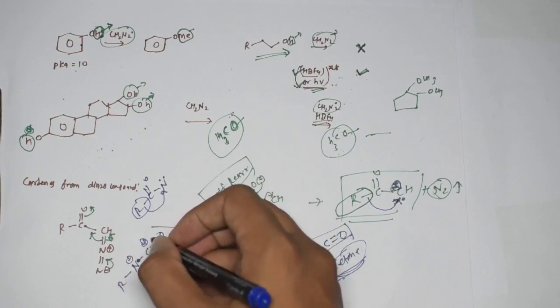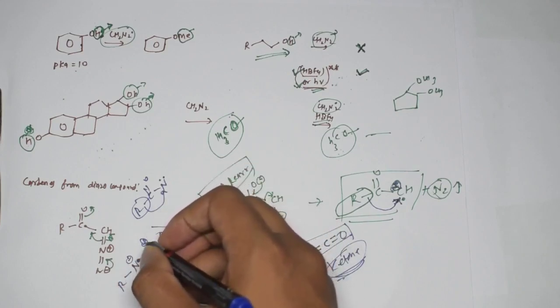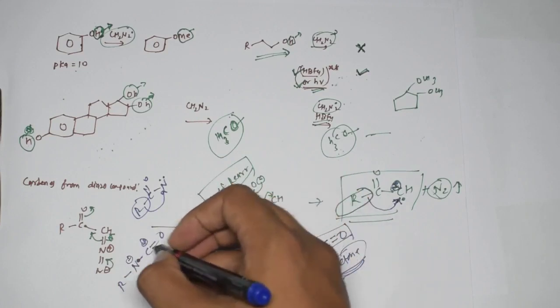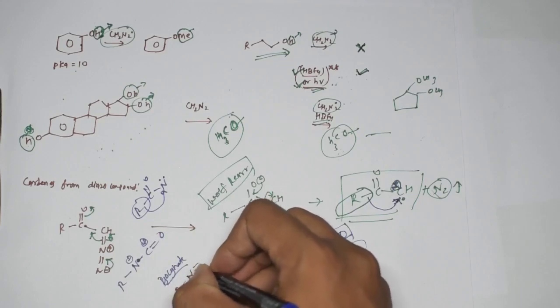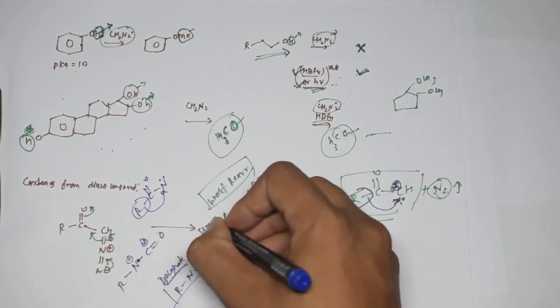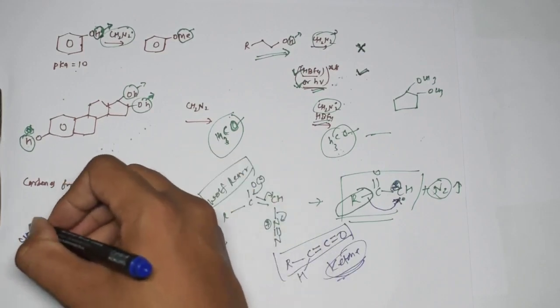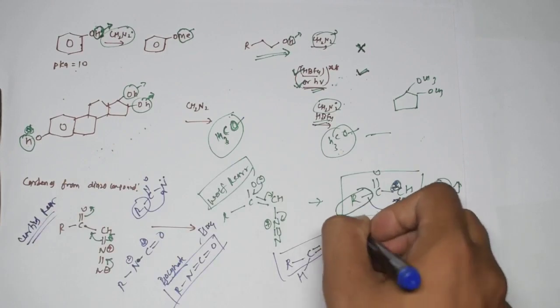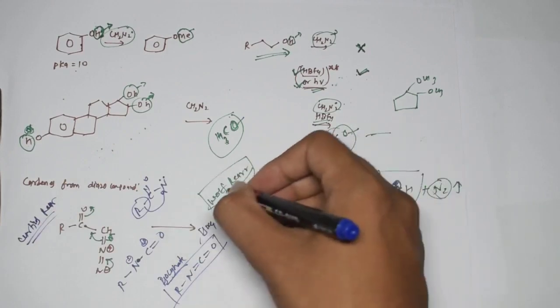After this, we can have an isocyanate in this case, right. So isocyanate, R N double bond C double bond O. This we will discuss in the Curtius rearrangement, and that we will discuss in the Wolff rearrangement.